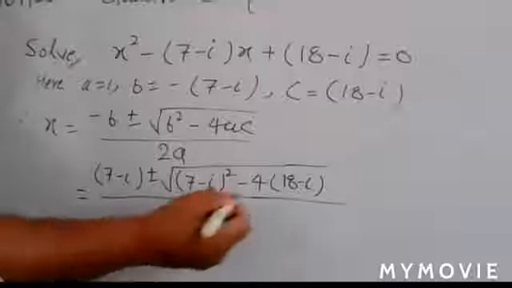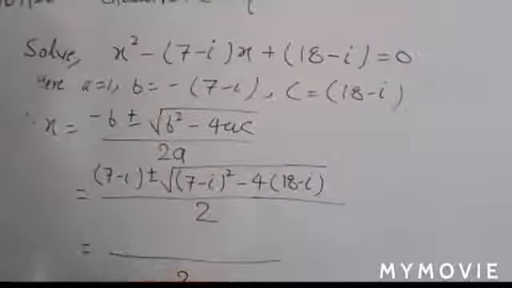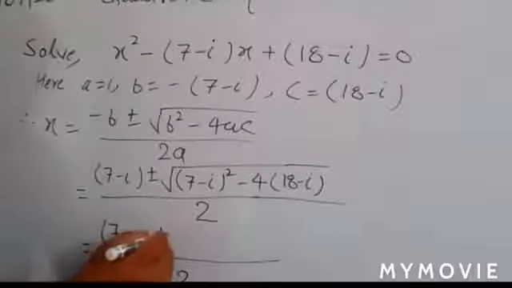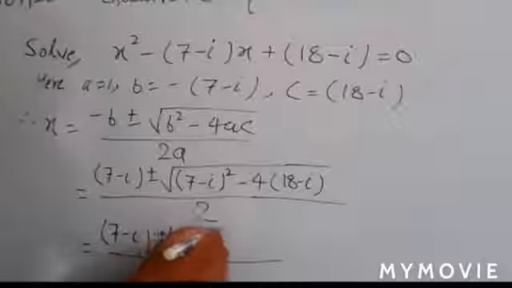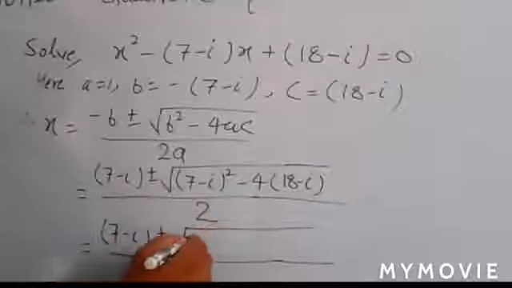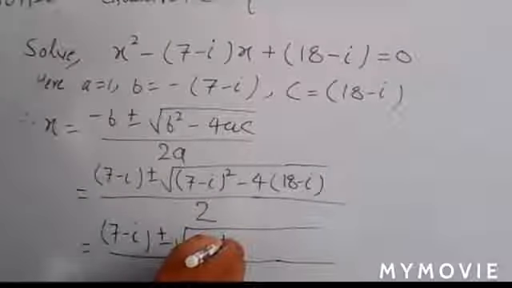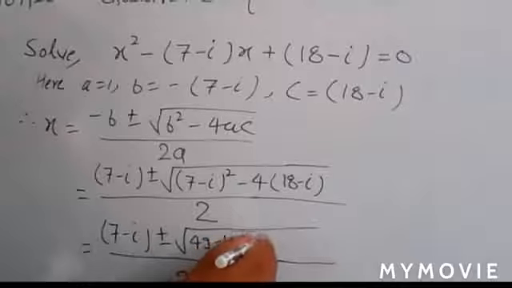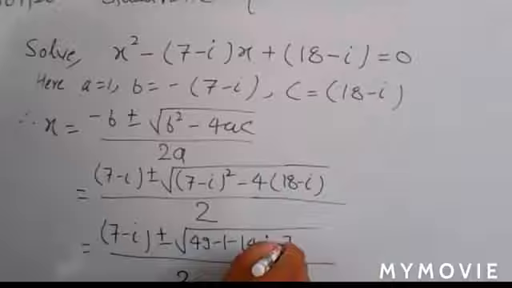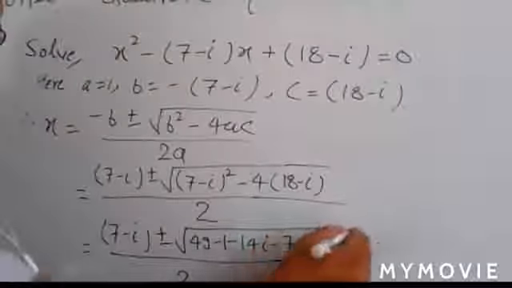So just simplify that. So here you have 2, 7 minus i plus minus root and square it. So 49 minus 1 minus 14i, okay, and here multiplying, you have 72 plus 4i.